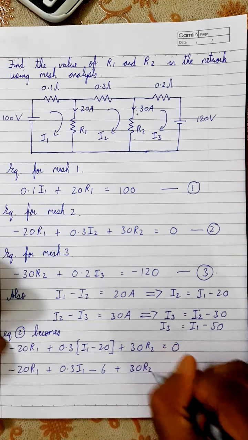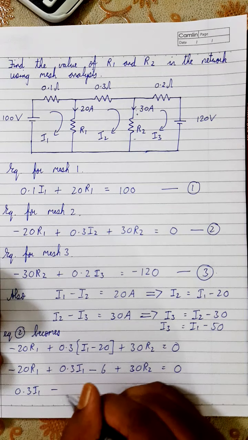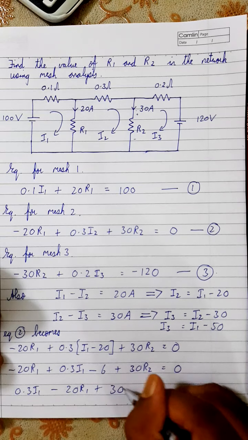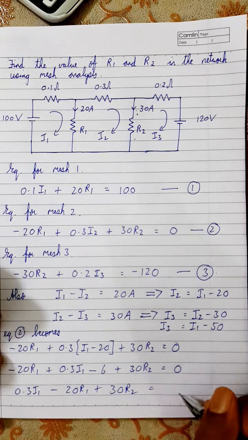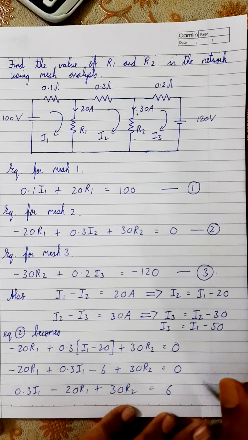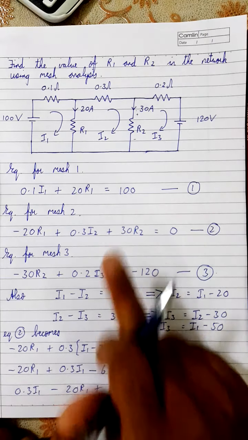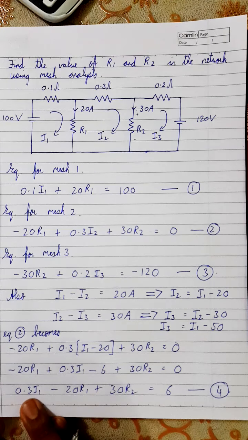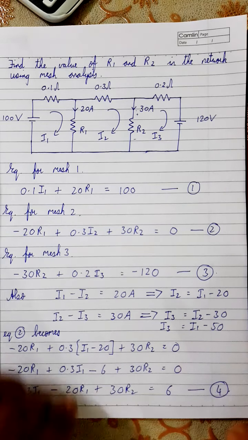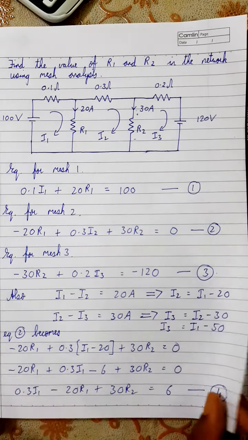Or in other words, 0.3 I1 minus 20 R1 plus 30 R2 is equal to 6. This is my modified equation of mesh 2, which contains only I1, R1 and R2. There is no I2 and no I3. So that's one equation.